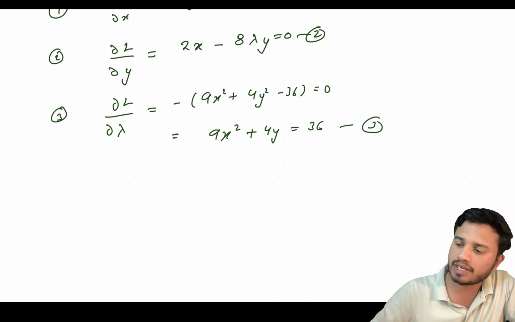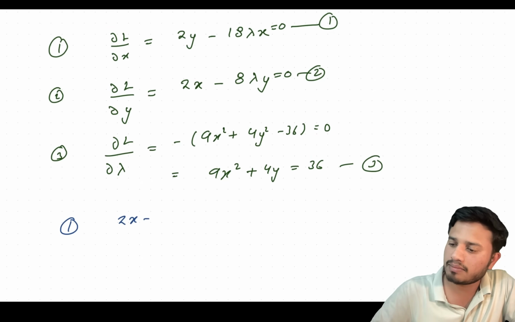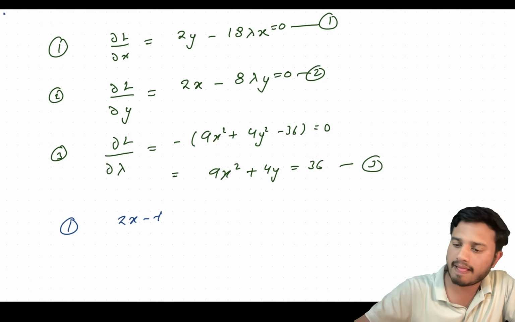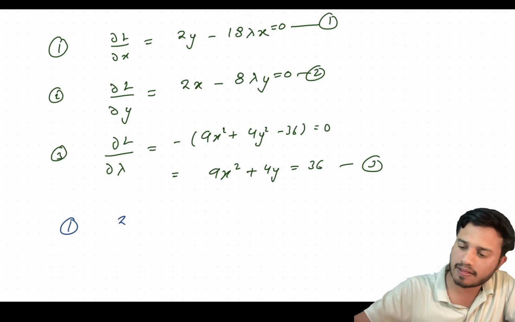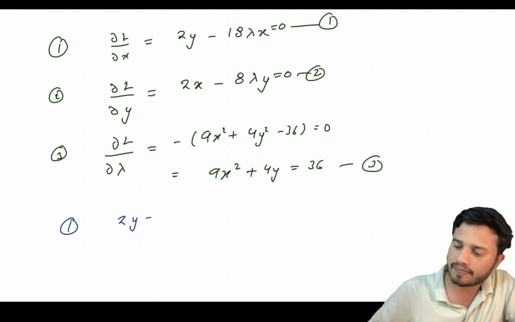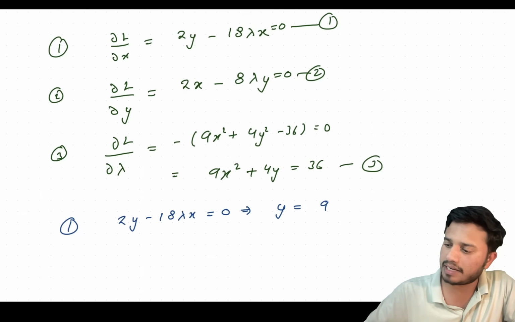The first equation we have is 18 lambda y, y minus, that will give y equals 9 lambda x.